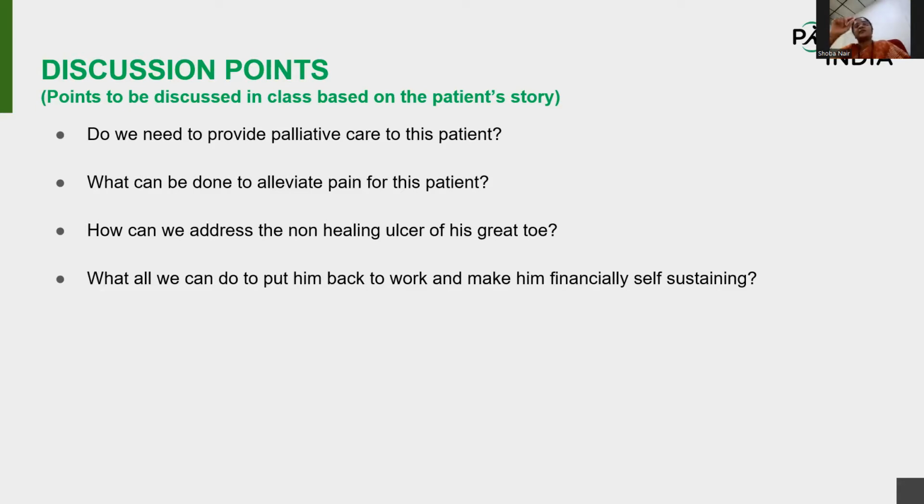Okay. And the other drug that can be used for such patients is clonidine. Clonidine is an alpha-2 receptor agonist, which acts on the postsynaptic pain transmission pathway. It's a very good drug.